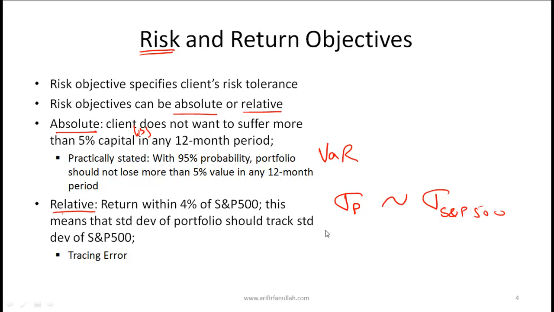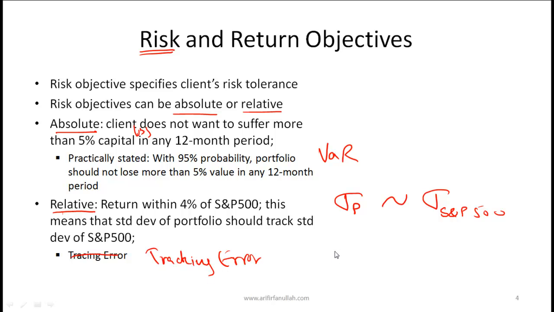Now this might be a little detailed for level 1, but just in case, there is an important concept of tracking error.